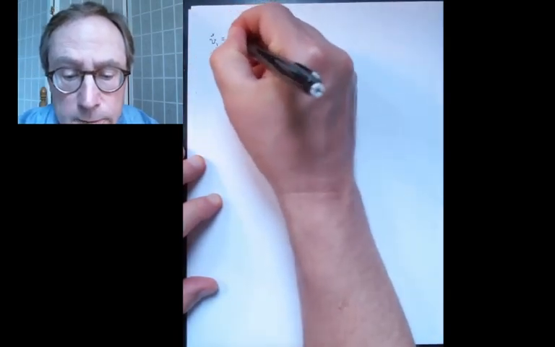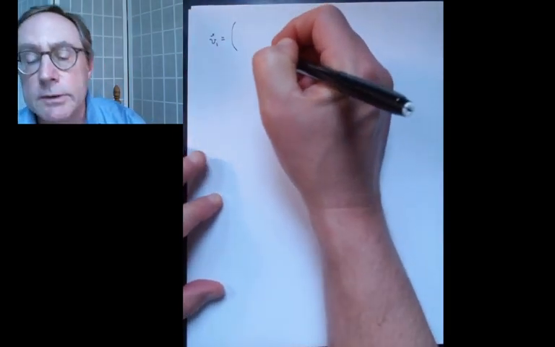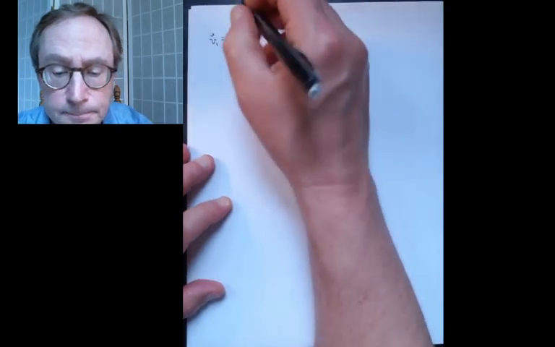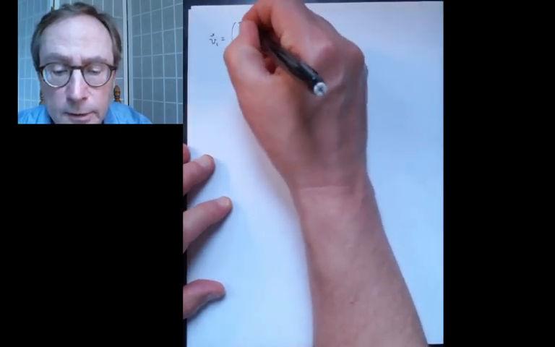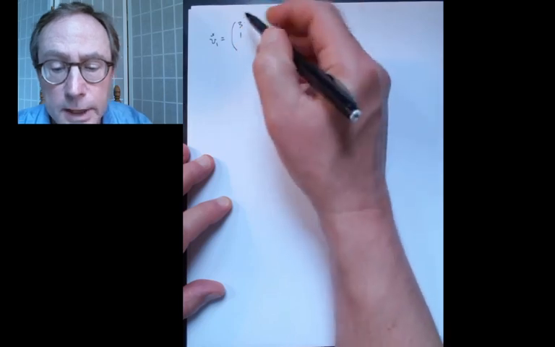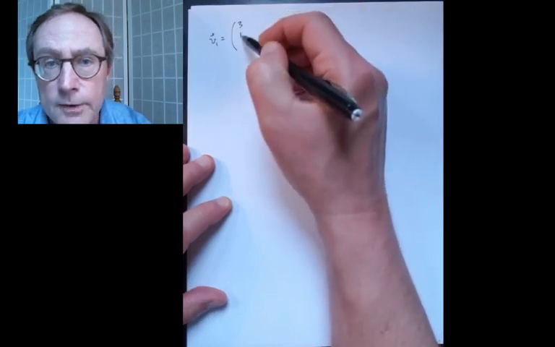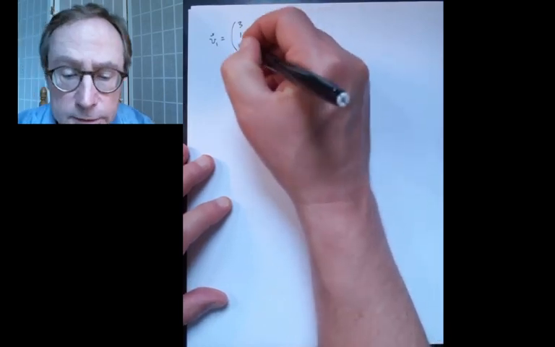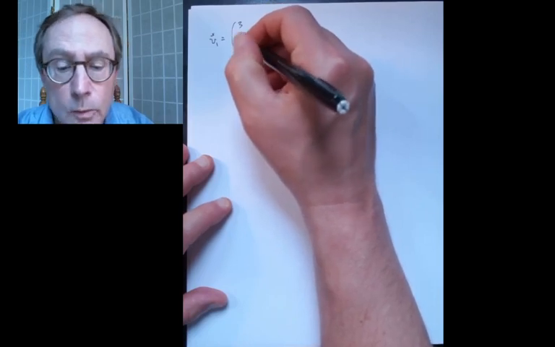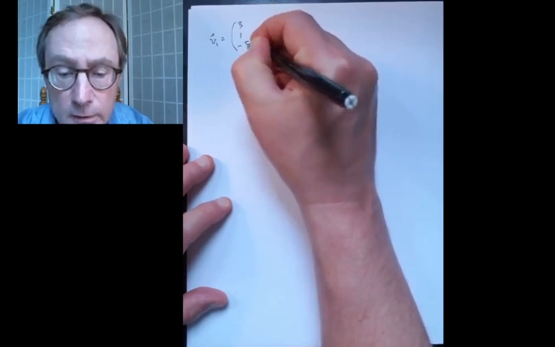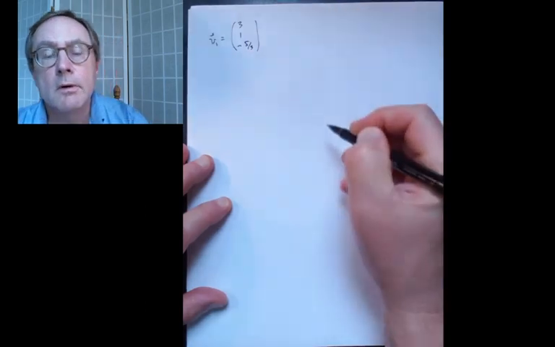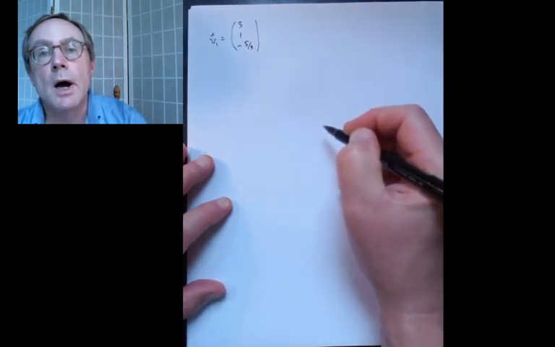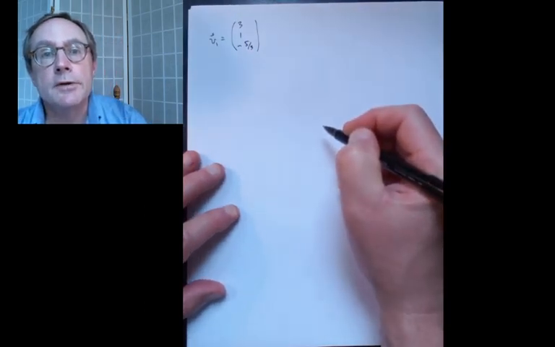V1, x plus 2y plus 3z equals 0. So how about 3, 1, so that's x plus 2y makes a total of 5, plus 3z equals 0, so minus 5/3. All right, x plus 2y plus 3z is equal to 0.